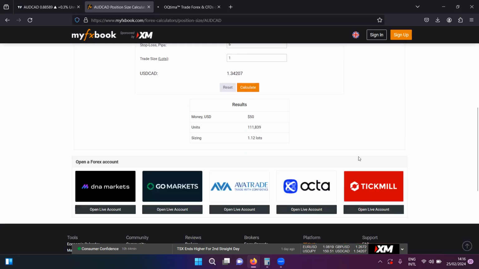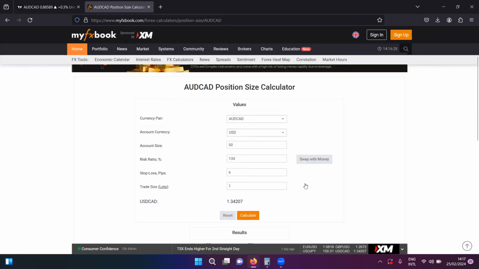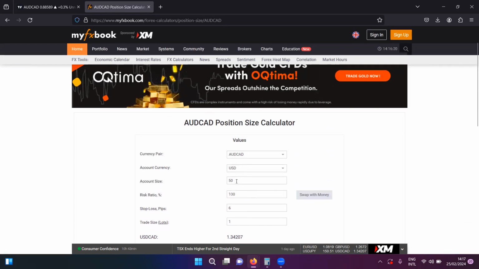Once you do your calculation, you will see the lot size that you are going to be making use of in this case is 1.12. That's your lot size for that trade because you are using a 6 pip stop loss, and you are risking $50 per trade.